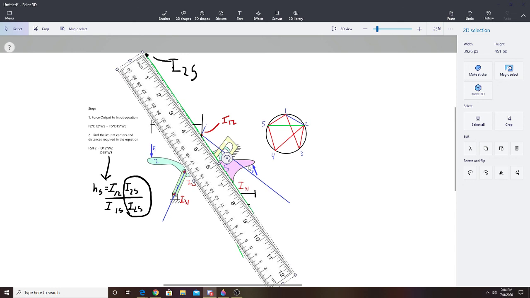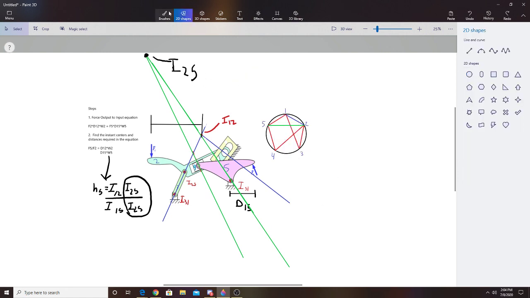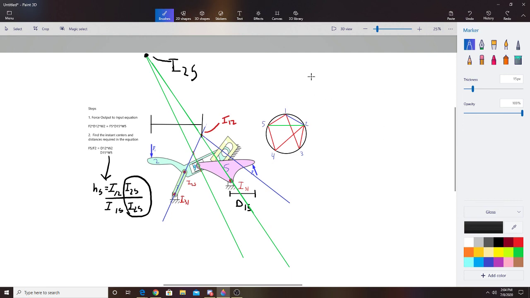So now that we have all of that, I can remove the ruler from my presence and we can type in the following answer. So we have D12 over D15.